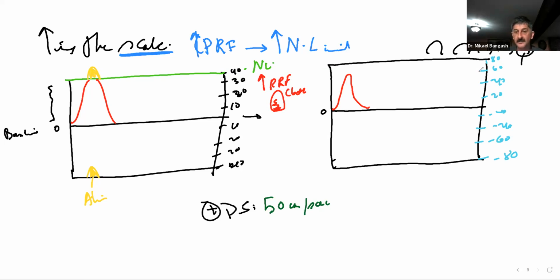Even if you just increased it to 60, you would still have Doppler shift without aliasing. Did that make sense? Did that make sense, girls?